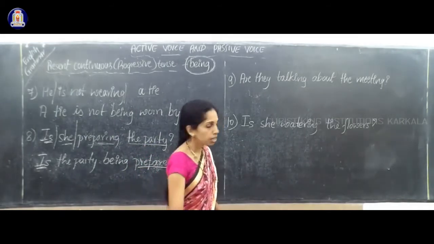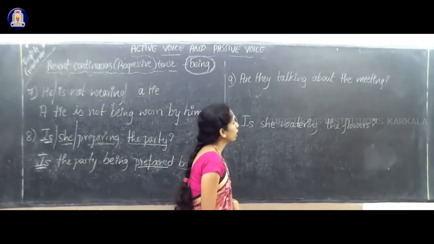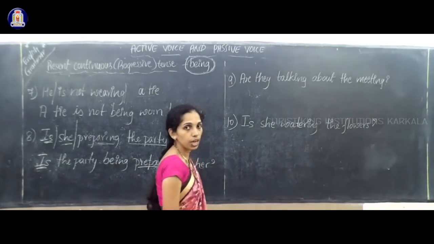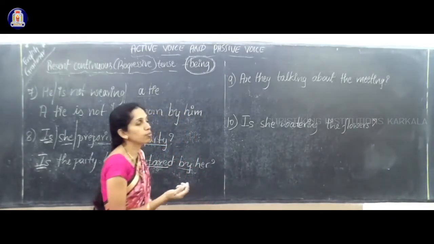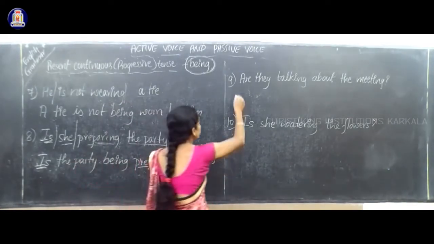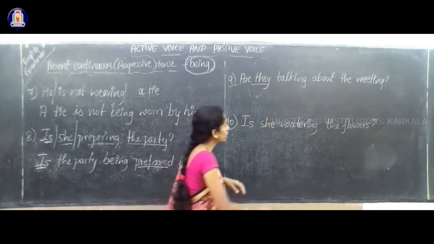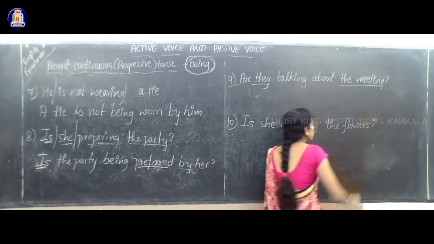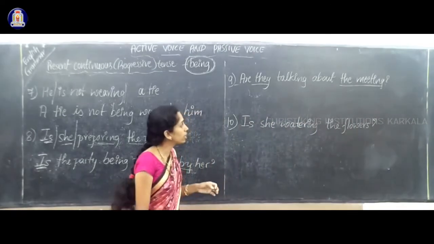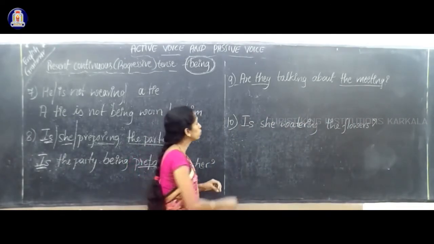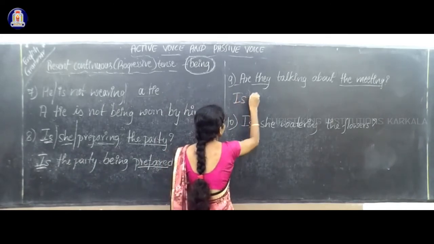Next. Are they talking about the meeting? Here we have used "are" with "they," but while writing for the meeting, what do we have to use? Can we write "are the meeting"? No, we have to write "is the meeting."